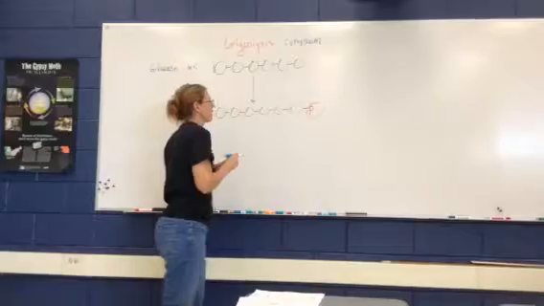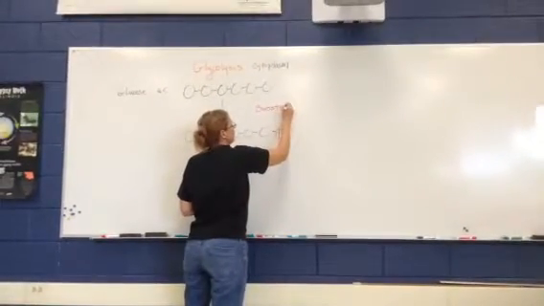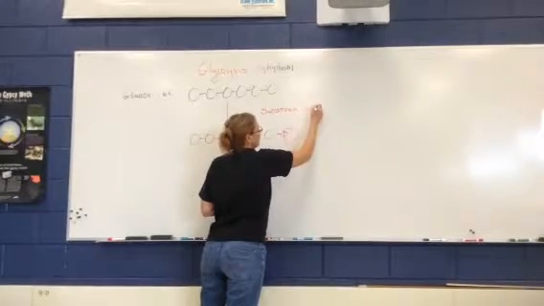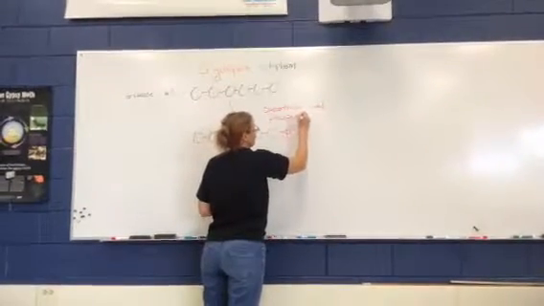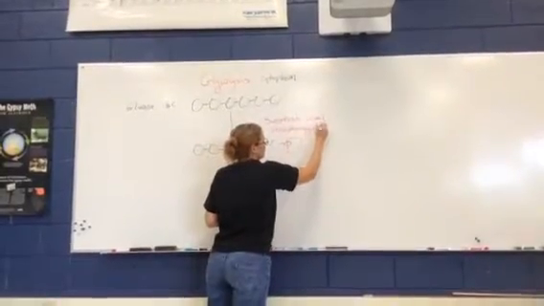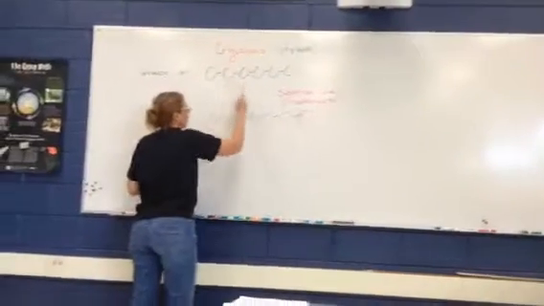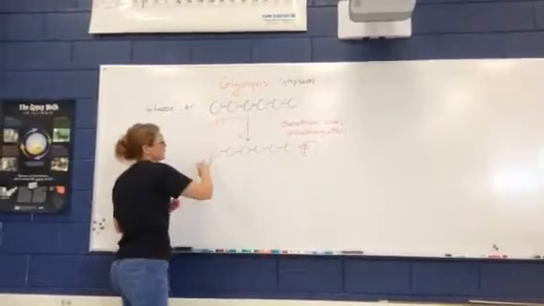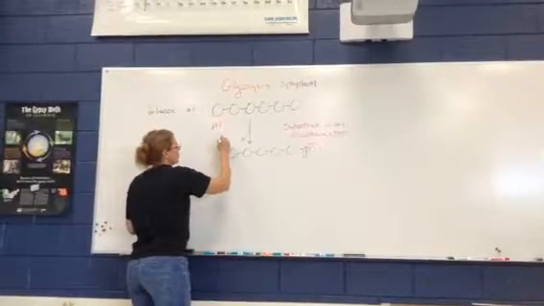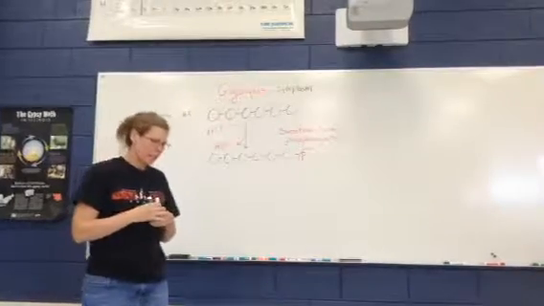This is substrate level phosphorylation. With the aid of an enzyme, it is going to take a molecule of ATP and transfer that phosphate onto glucose. So that's the first step.